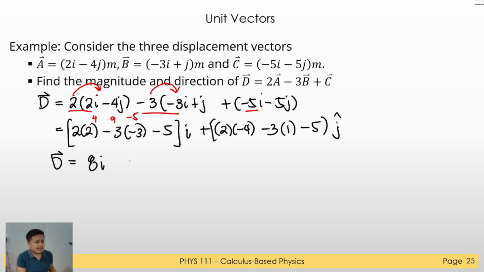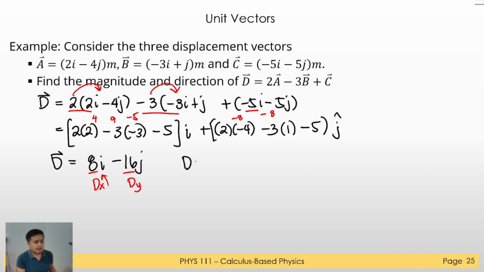And then for the y component, I'm really sorry, we have negative 8 minus 3 minus 5. So this will be negative 16. So we are looking for the magnitude. So we want to find the hypotenuse of this. We can call this d sub x and this d sub y.